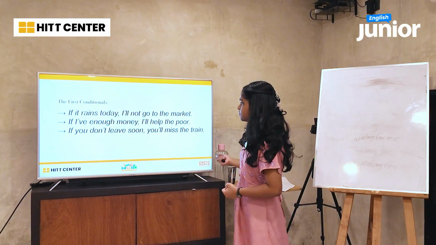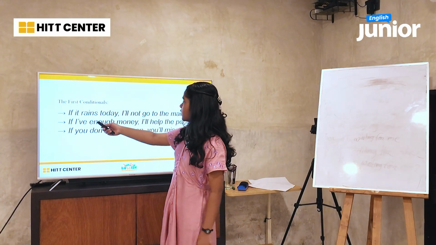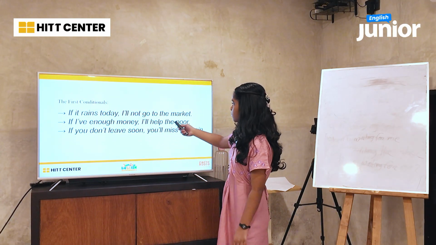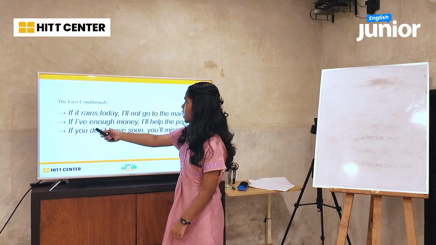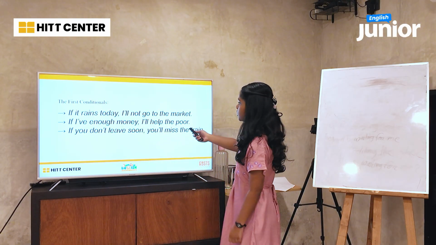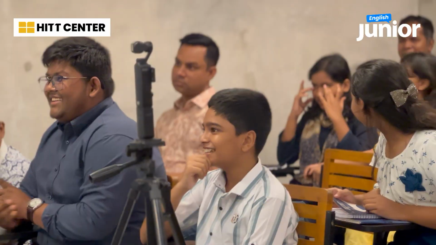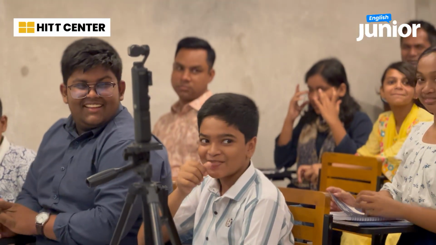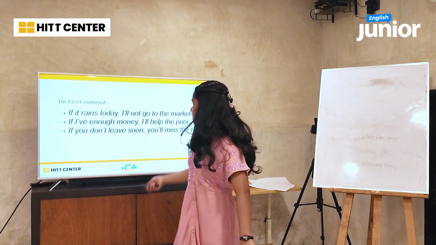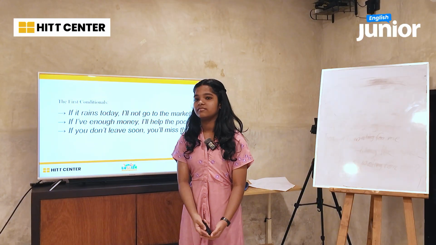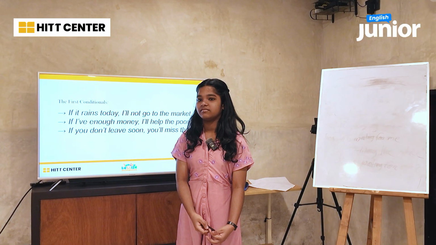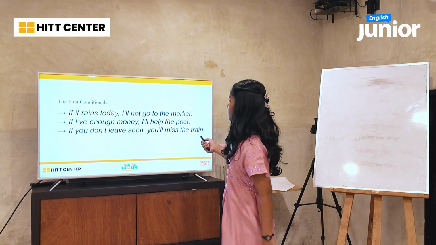It is used for possible things. For example, if it rains today, I will not go to the market. If I have enough money, I'll help the poor. If you don't leave soon, you'll miss the train. So, Sire, can you give me another example? If you win the lottery, you will donate to a charity. Yeah, that also works. Great job.